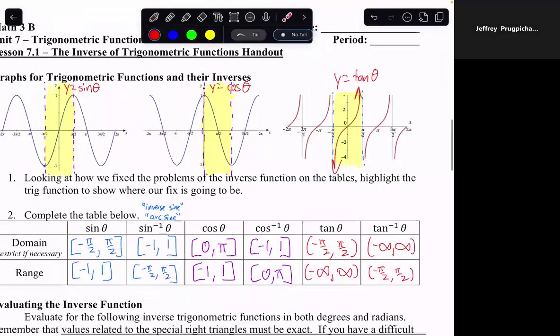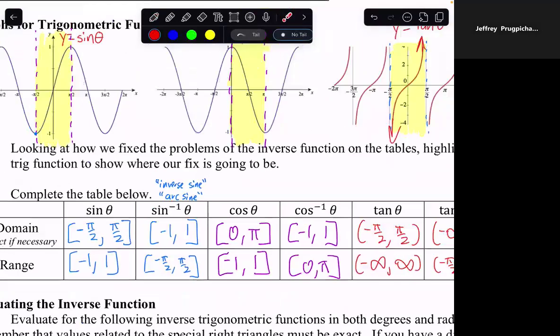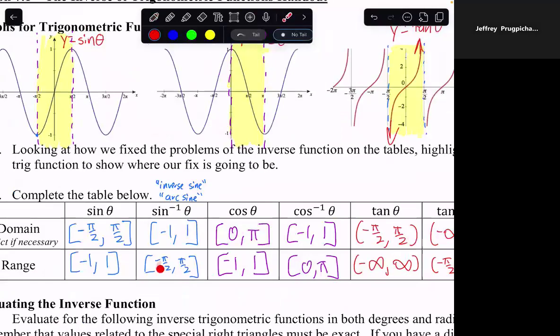We'll need to refer back to these throughout this 7.1 lesson. When you're doing inverse sine, your answer can only be between negative pi over 2 and pi over 2. You're not allowed to give an answer of pi or 2 pi or negative 2 pi. It has to be between those two angles.